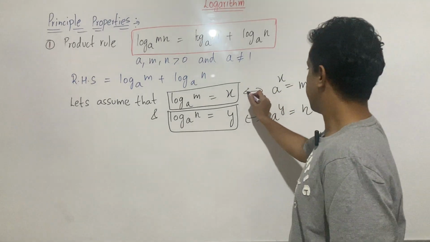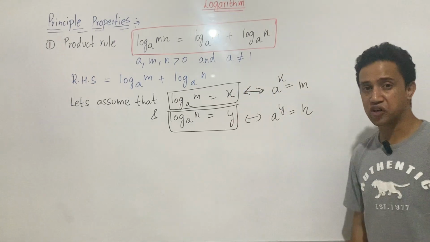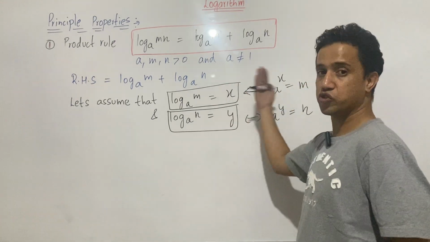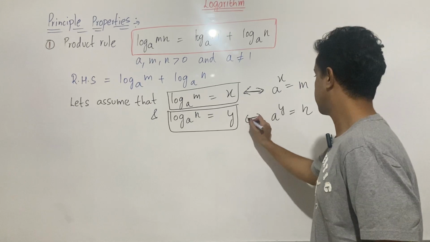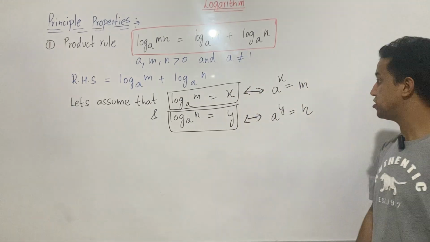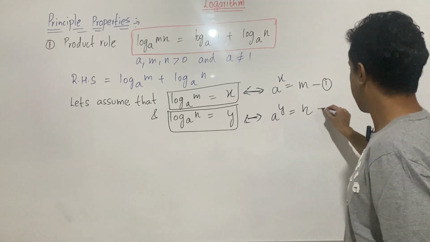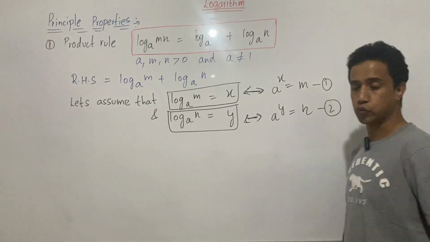Here, implies and implied by means that this is reversible. It goes both ways, because when we defined log we did this. So this is my equation 1, and this is my equation number 2.